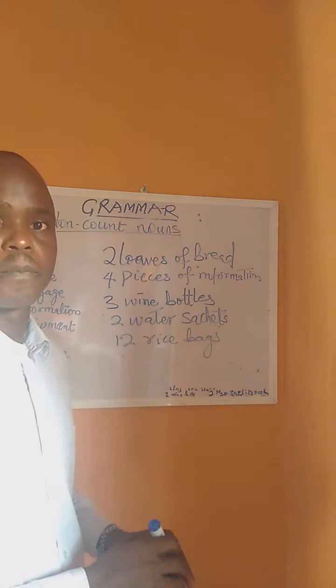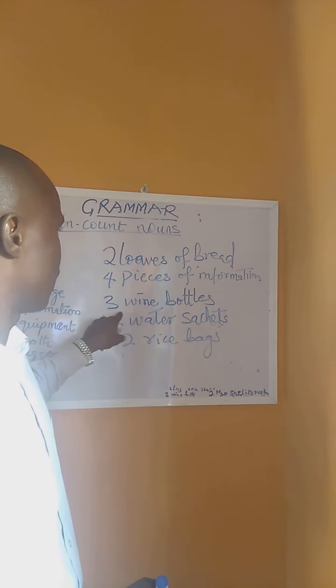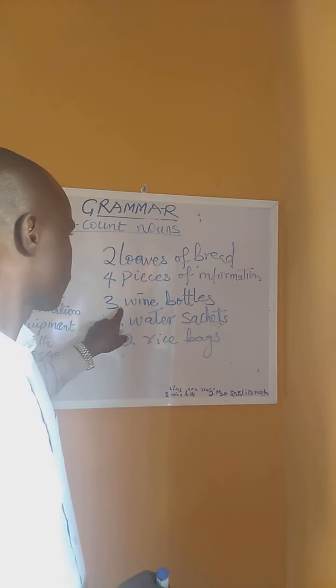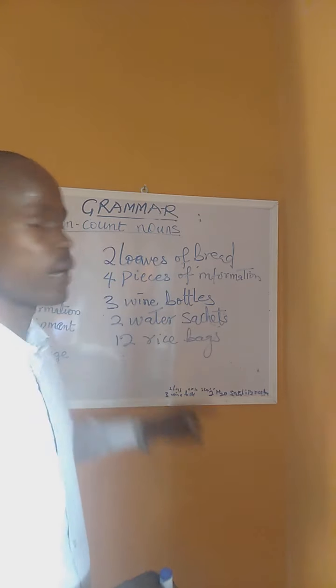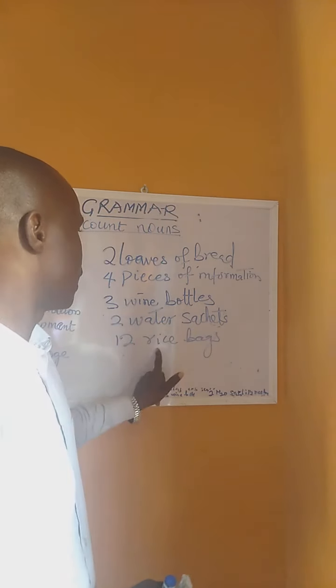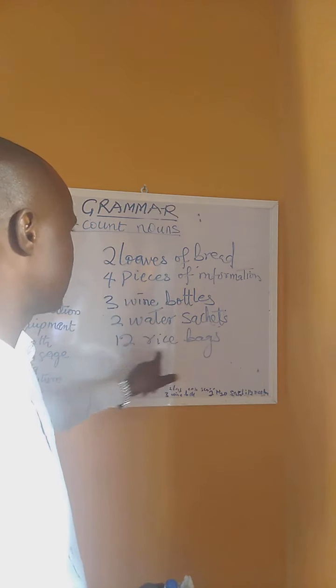Did you see? So here you find that we have numbers: three wine bottles, two water sachets, and twelve rice bags. Here, the mass count or non-countable nouns are acting as adjectives.